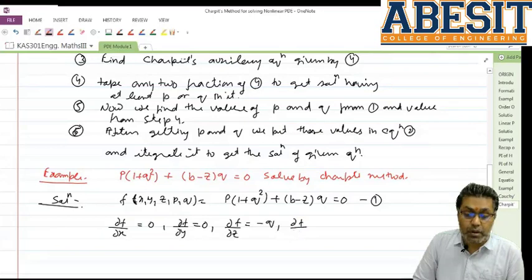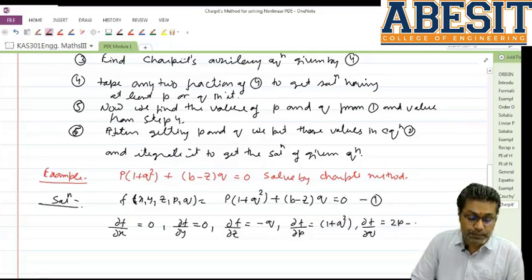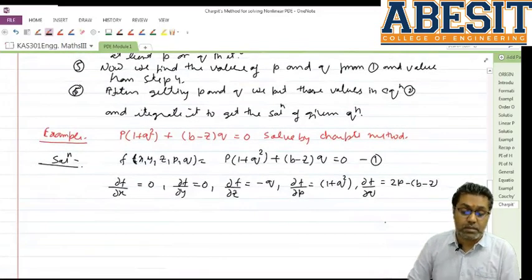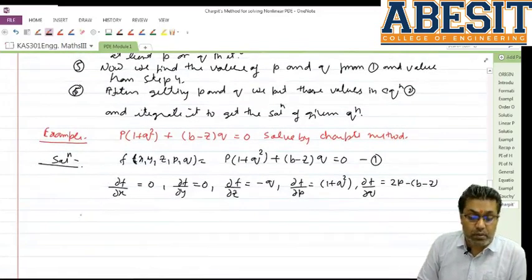Del f upon del p is equal to 1 plus q square. Del f upon del q is equal to 2p minus b minus z. Okay, so next, Charpit's auxiliary equation.